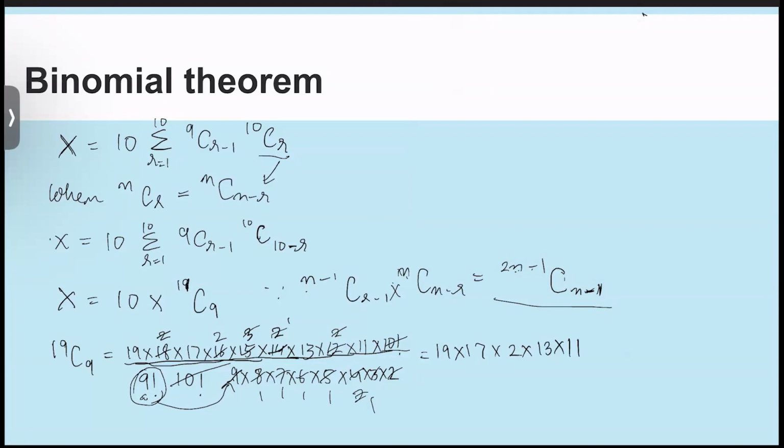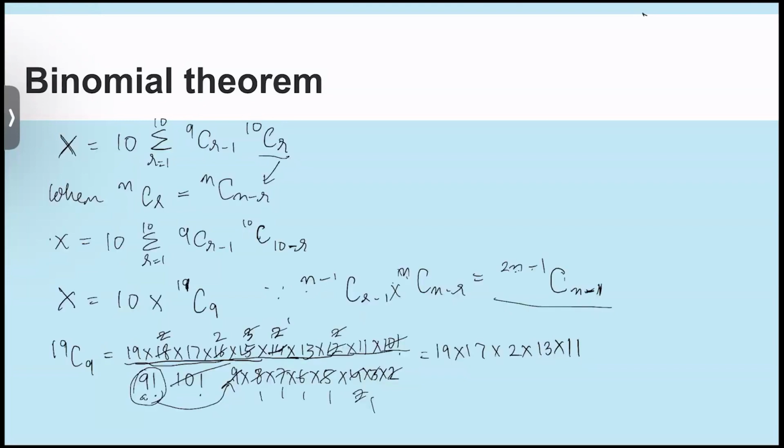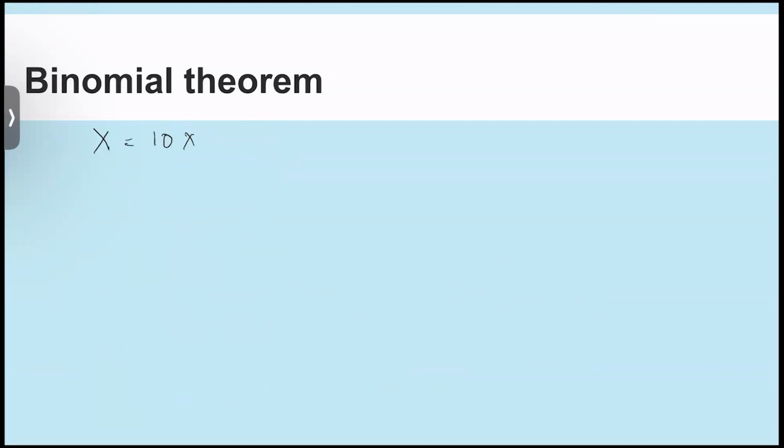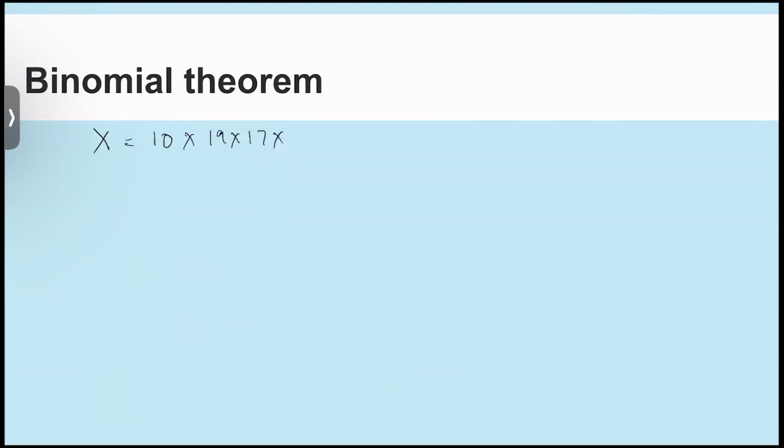So this is what we are getting as 19C9. So now your x is going to be 10 into whatever was left. So you have 19, 17, 2, 13, 11. So 10 into 19 into 17 into 2 into 13 into 11.